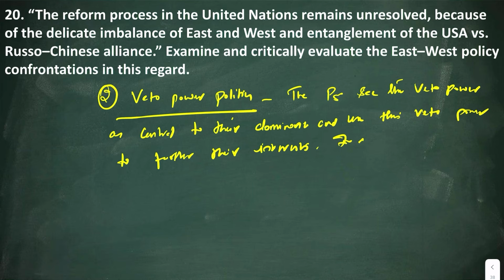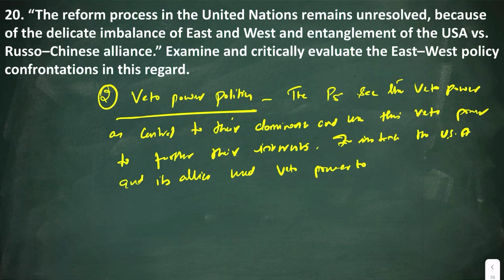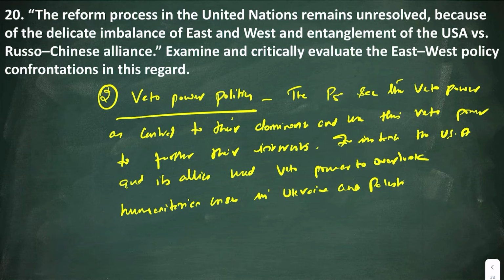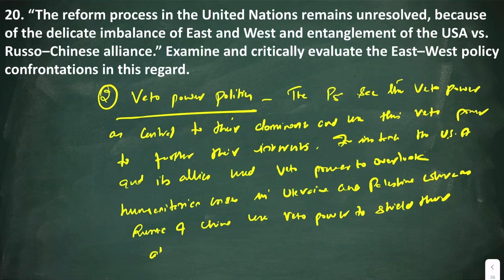For instance, the USA and its allies used veto power to overlook humanitarian crisis in Ukraine and Palestine, whereas Russia and China use veto power to shield their allies such as Syria and Myanmar.